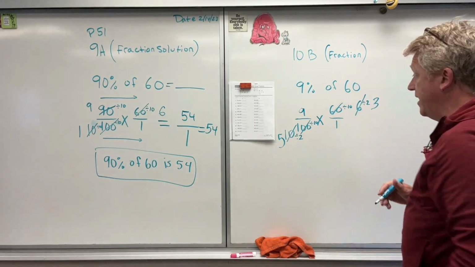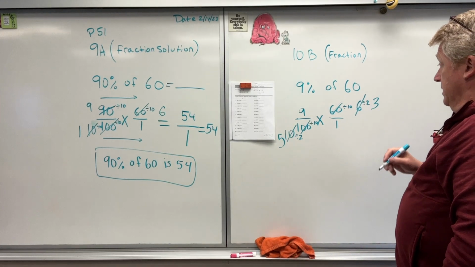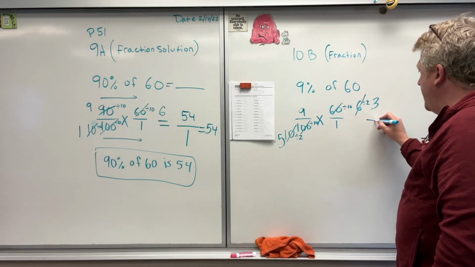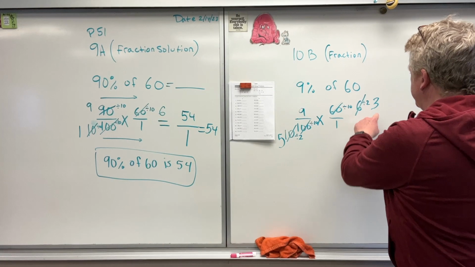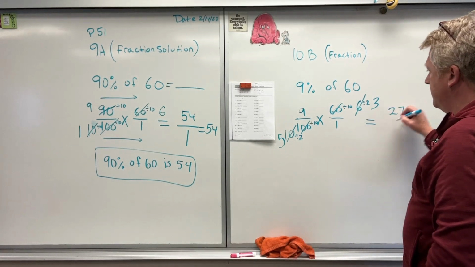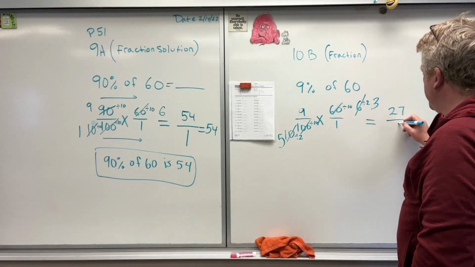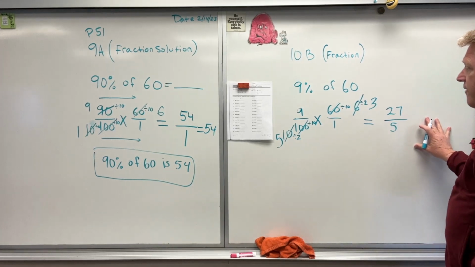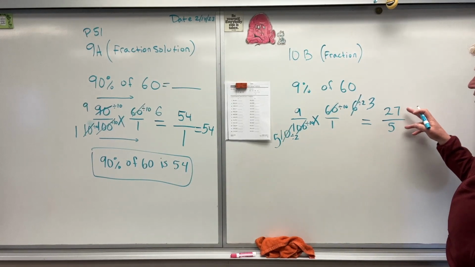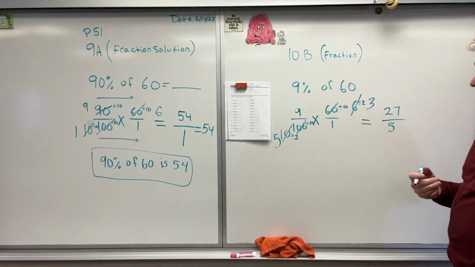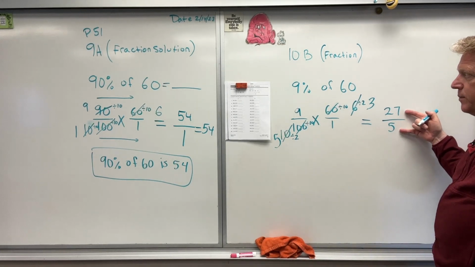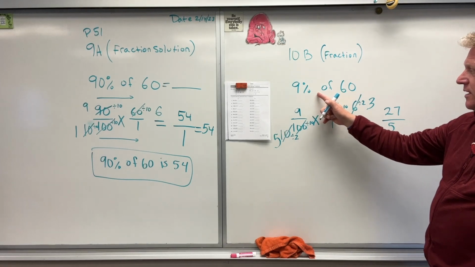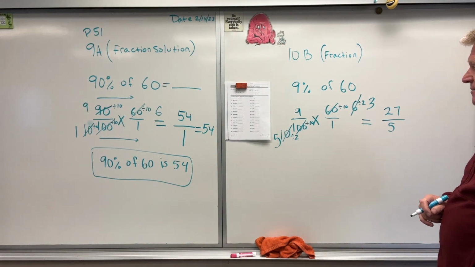All right, I'm ready to simplify it. All right, or to multiply it, I should say. All right, so 9 times 3 is 27. 5 times 1 is 5. Now I have a fraction, 27 over 5. Well, that's technically the answer, but we're looking for something that's a little bit friendlier, that's going to be helpful to us, right?